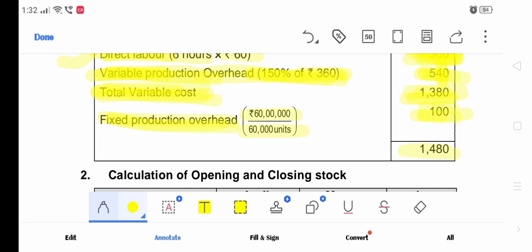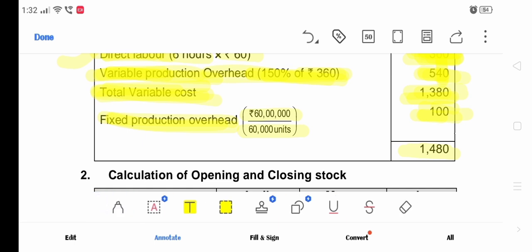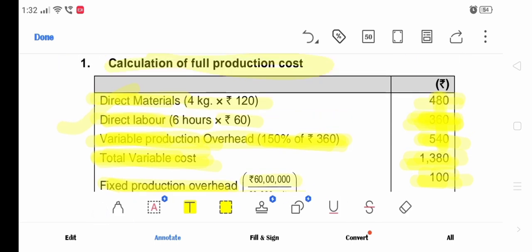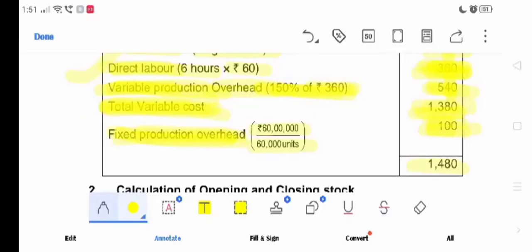So there is some contrary, right? So for this we need to adjust something called under or over absorption. I'll explain it after a few minutes, but let's finish this first. Fixed production overhead 60 lakh is the total production overhead for 60,000 units.